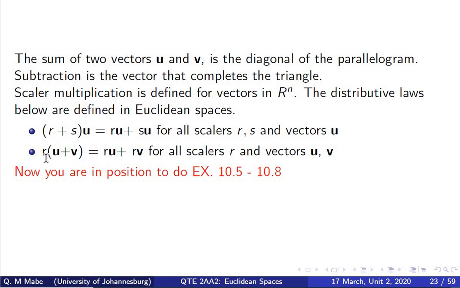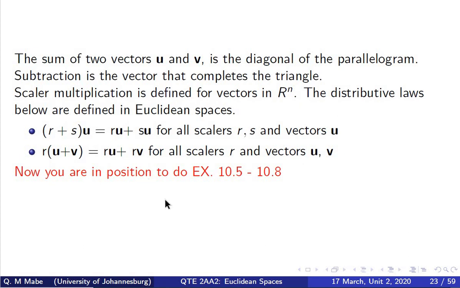Note that this r is not a vector. It's a scalar. If it were a vector, you would use your matrix law. Remember, you covered matrices. You use matrix law to multiply two vectors. But because r is a scalar, we are allowed to do this.